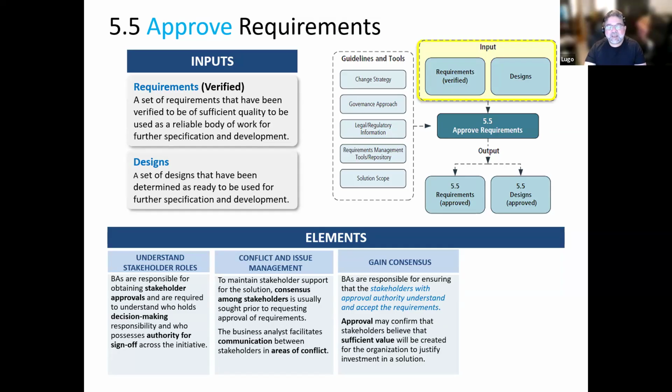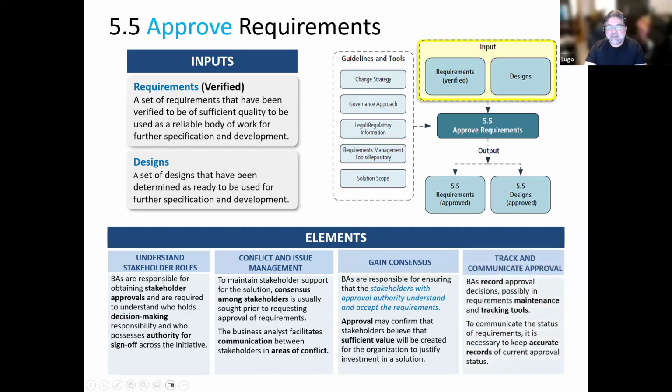You can still have an end user who complains, but they won't get what they want simply because they do not have stakeholder approval authority. And then tracking and communicating that approval is very important by recording the approval decisions and ensuring that everything is documented.